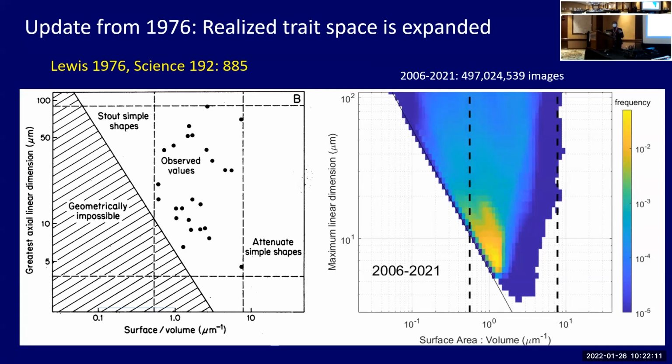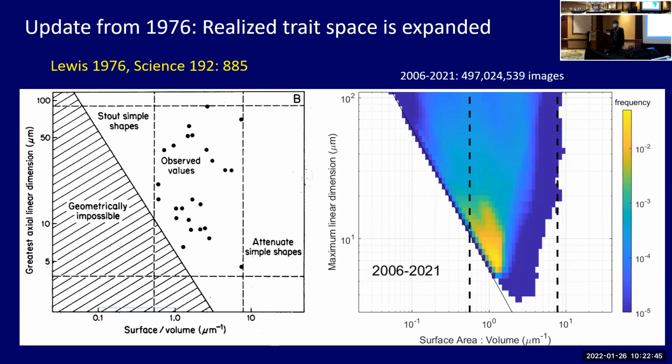Now, if we fast forward to the present, this is the frequency distribution for all of the phytoplankton images from 2006 to 2021. And the conclusion I find from this is that Lewis's framework for the maximum surface area to volume that's typically observed seems sound, but when we look at this much greater range of phytoplankton in natural communities, we find that they're also occupying that triangular wedge that he's labeled stout, simple shapes.